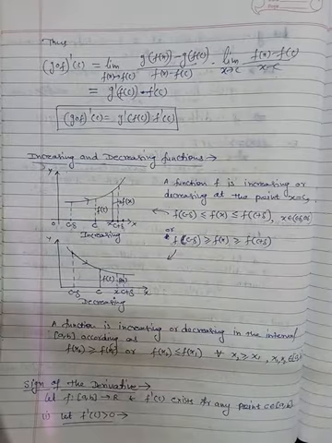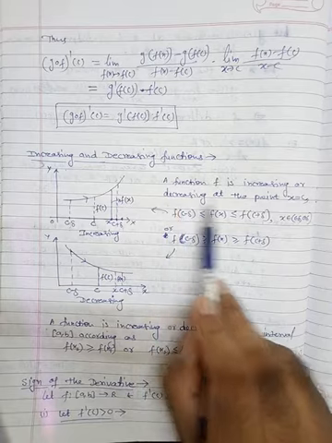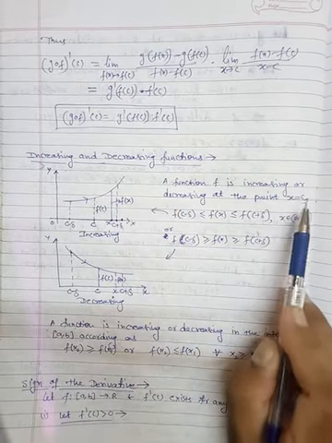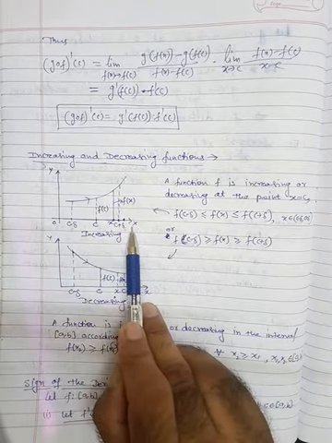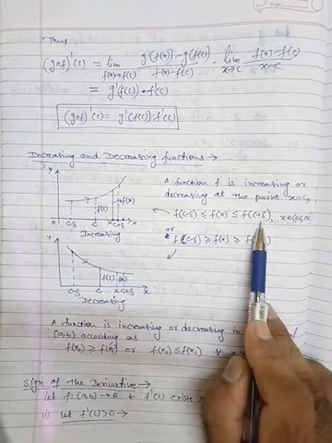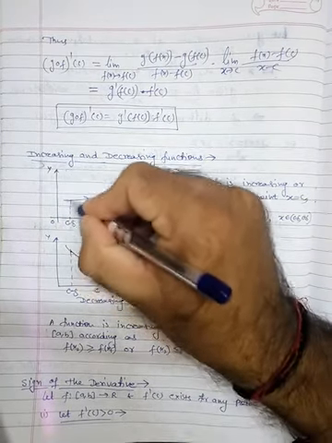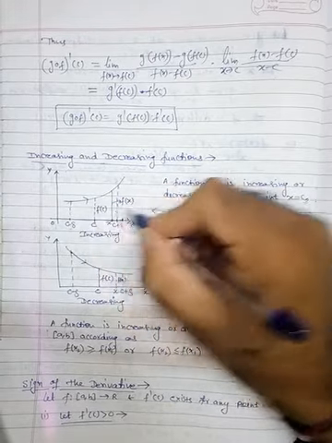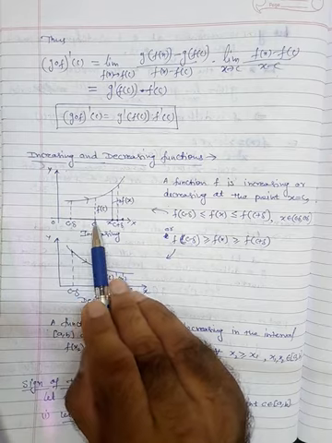Now mathematically, a function f is increasing or decreasing at the point x equal to c if in this neighborhood we have this inequality. What is this inequality? This is f of c minus delta, this is f of c plus delta, and in between somewhere you have x, maybe here, here, here, and c itself.